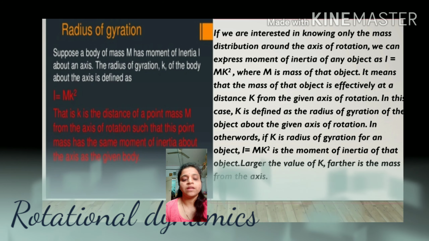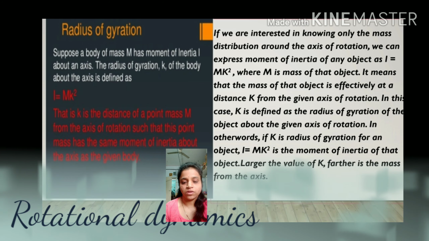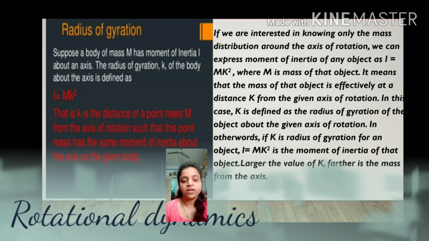It means that the mass of that object is effectively at a distance k from the given axis of rotation. In this case, k is defined as the radius of gyration of the object about the given axis of rotation.